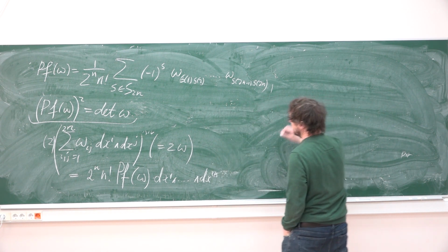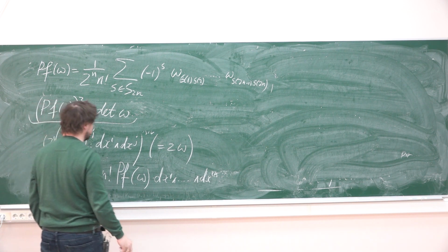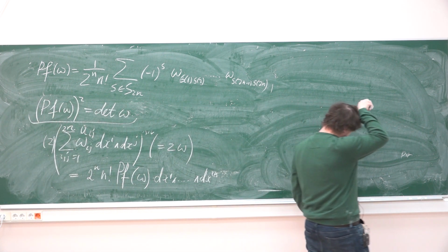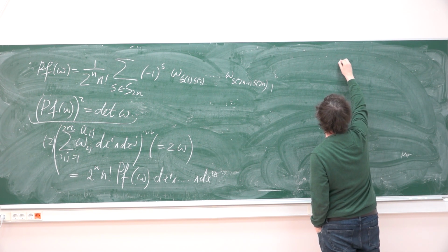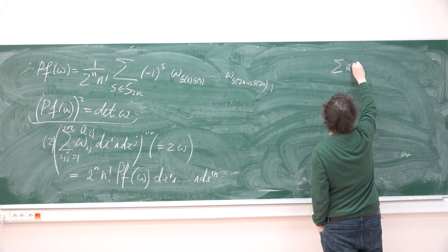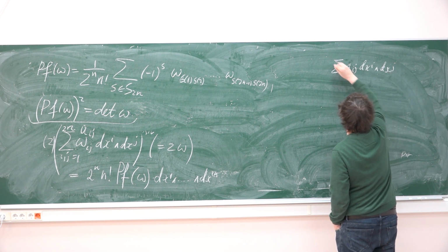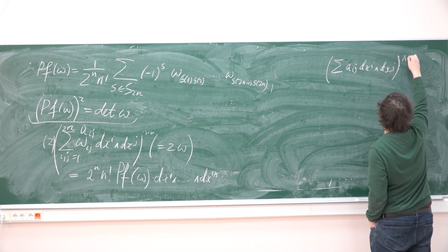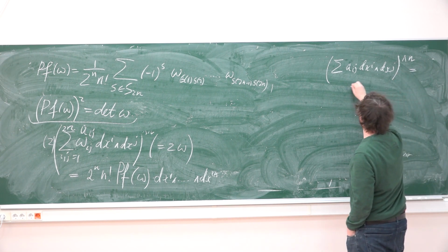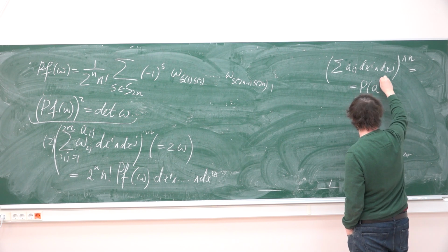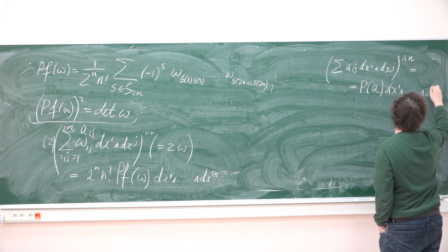you should just take this expression and put a ij instead of omega, and what you get is something like this. If you take the sum of aij dxi dxj and take its wedge product with itself n times, what you get will look like some polynomial depending on the matrix A times dx1 wedge and so on wedge dxn.